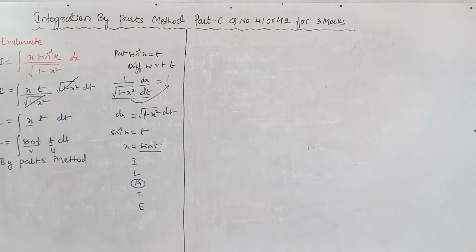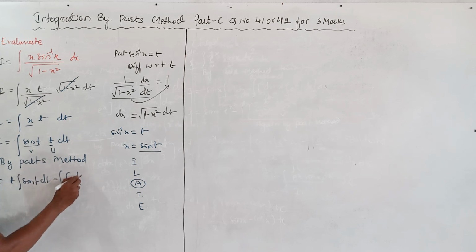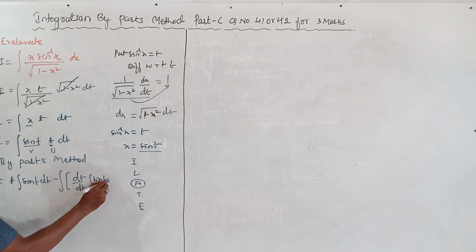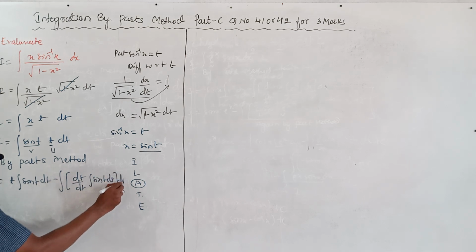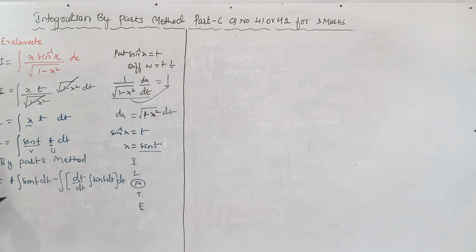By parts method, I is equal to first function t as it is, integration of sin t dt, minus integration of derivative of t with respect to t, integration of sin t dt whole bracket, dt. Now I is equal to t as it is, integration of sin is minus cos t.